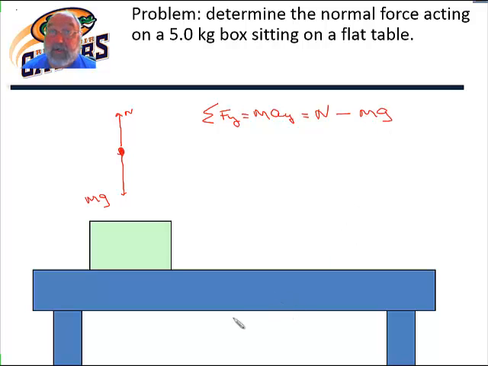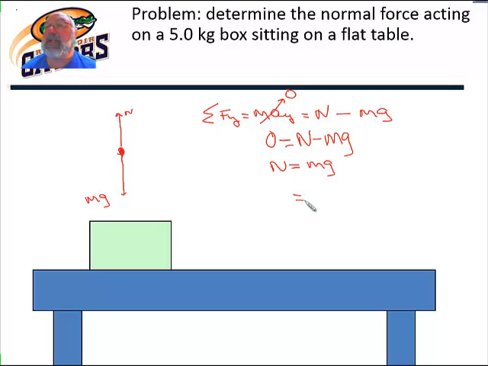Now, because we have a really smart table here, it knows exactly how hard to push on the box without making the box accelerate. The box is sitting on the table. It has a constant motion of 0. There is no acceleration. So we're going to change the acceleration term to 0 because that's what it equals. That gives us 0 is equal to normal minus mass times the acceleration due to gravity, which tells us that the normal is equal to the mass times the acceleration of gravity, or the weight of the box.